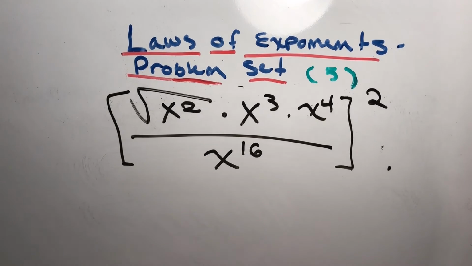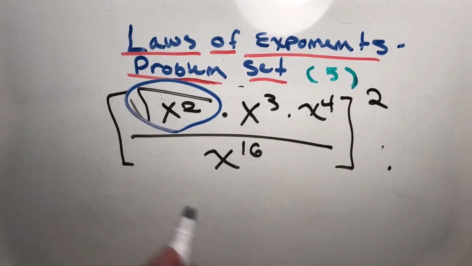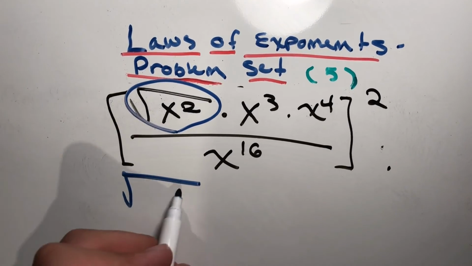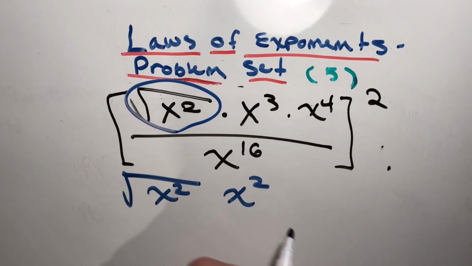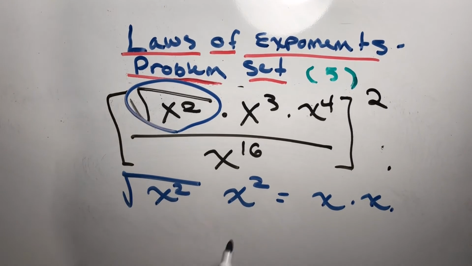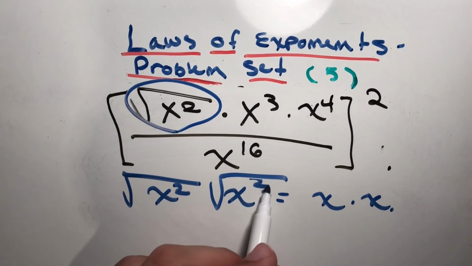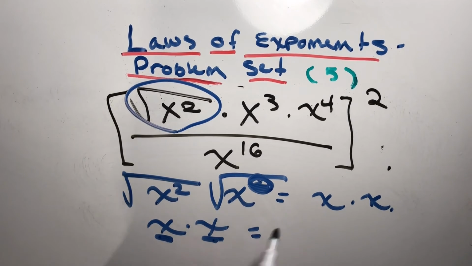Okay, so the first thing to notice, the square root of x squared. What is the square root of x squared? Well, x squared is just x times x. If I take the square root of x squared, I'm essentially undoing the square and getting back to x, because x multiplied by itself twice gives me x squared.